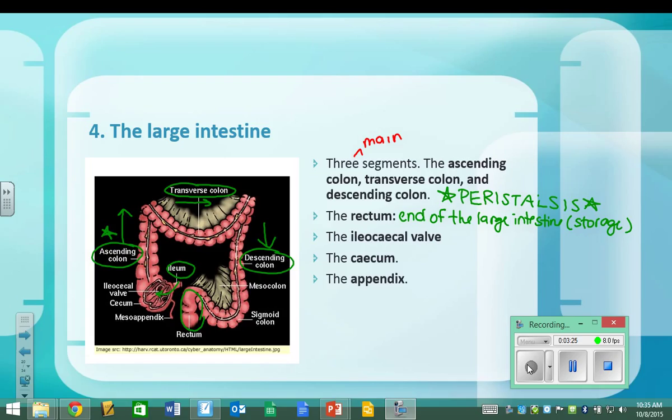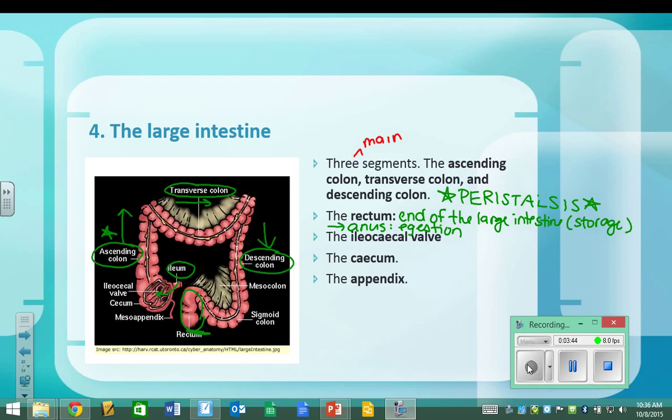That is where undigested waste is stored until your body is ready to egest it. The rectum leads to the anus, and that is where egestion is actually accomplished.